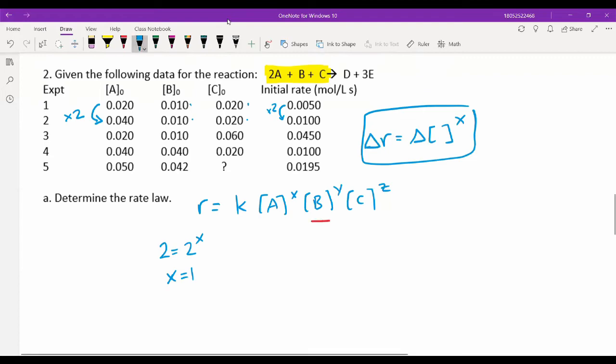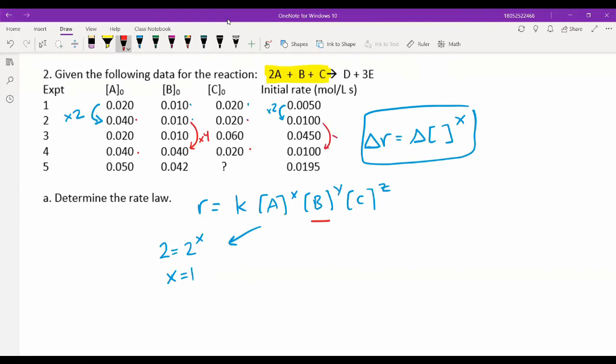So here's A. B, we want A and C to stay the same, which is experiments 2 and 4. We also want B to change, that's important. So B is also changing, and it's increasing by 4.